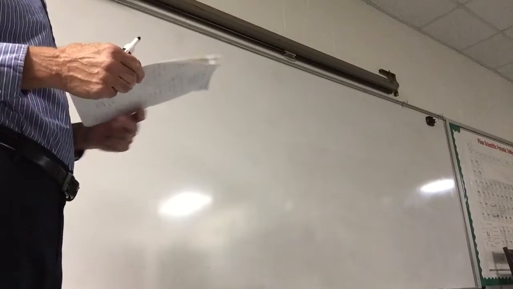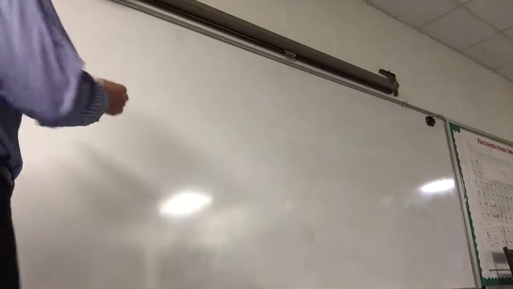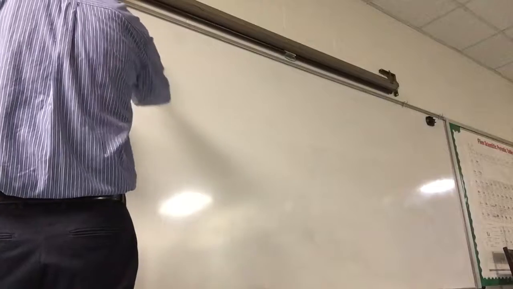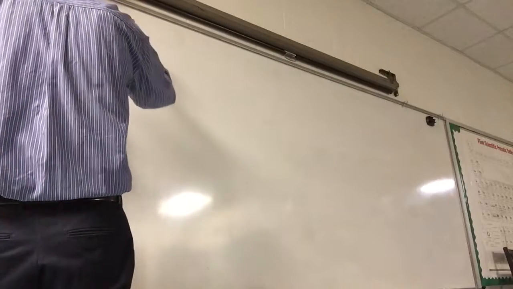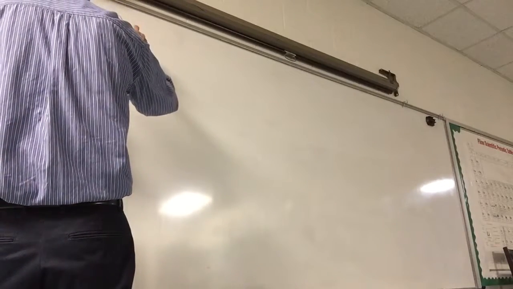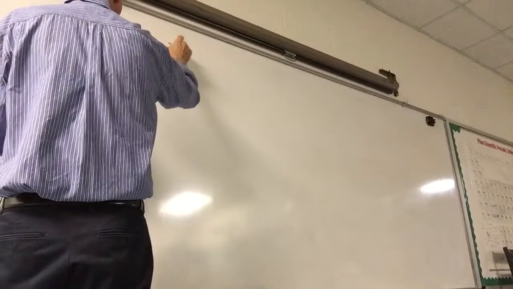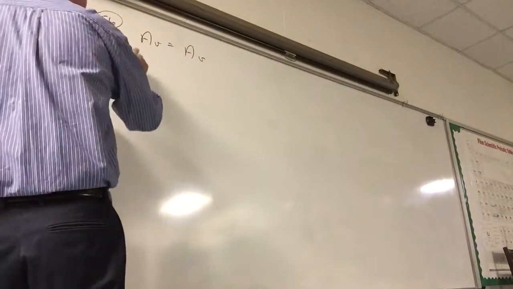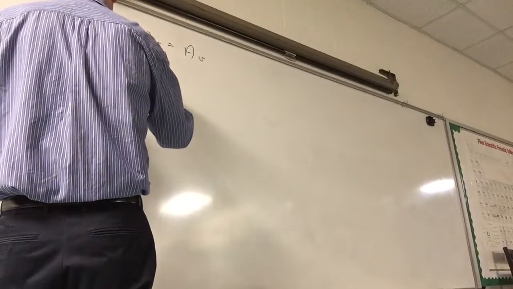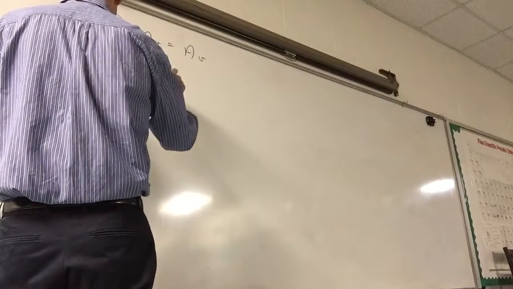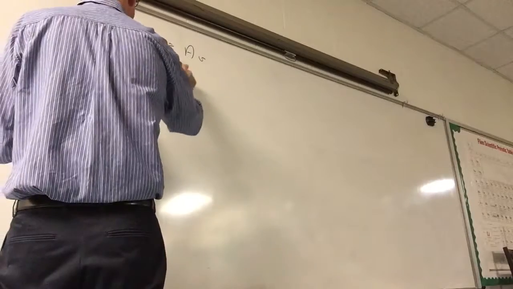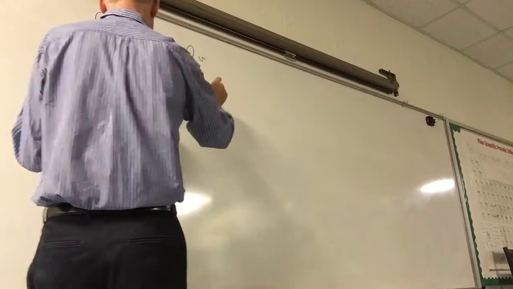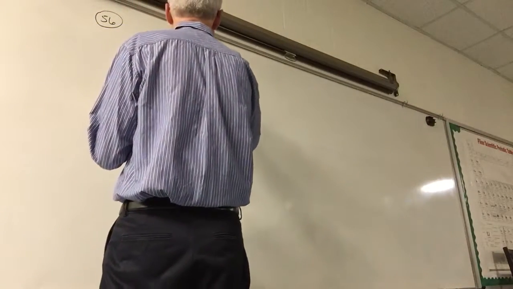All right, do we need to do 56 or 58? 56, let's do 56. Anybody ready to read? I can read. All right, go ahead. Okay, water flows straight down from an open faucet.